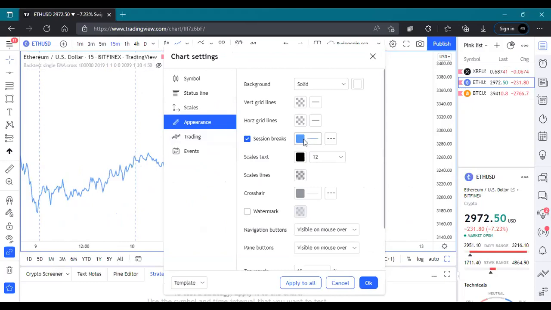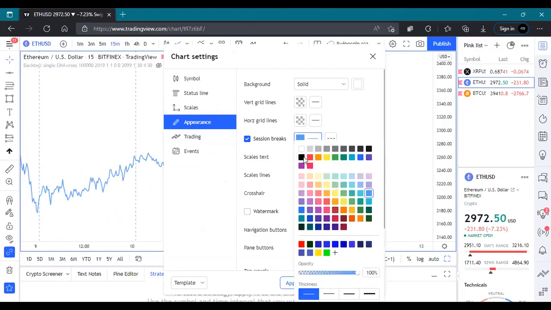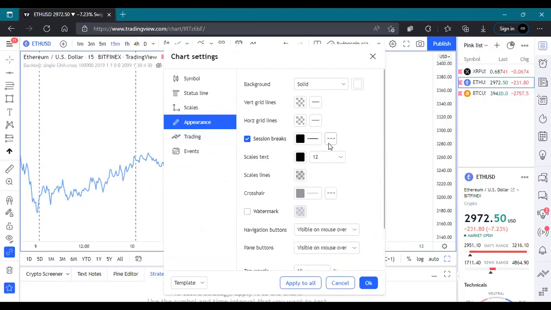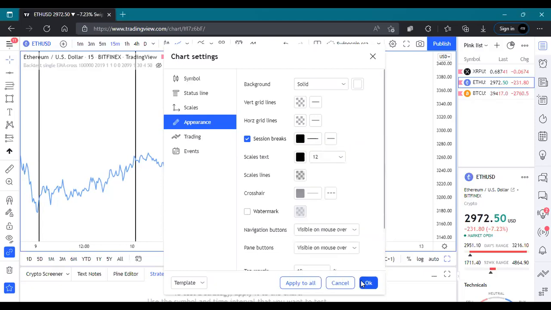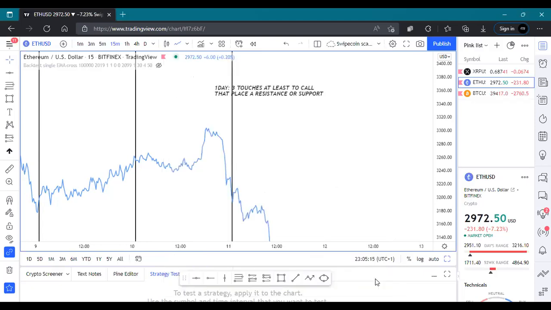You can change the color to something very visible, like black. You can make it a line, and if you want to make it thick, you can make it thick. Something like this.